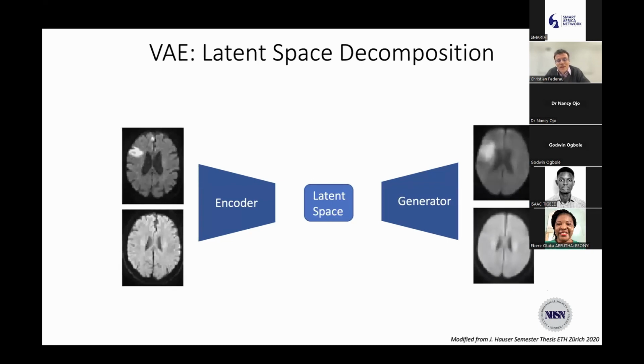There's another funny thing that you can do with this, which is that if you don't just pass normal brains, but you pass brains with stroke too, and you do the same, you might hope that this structure forces the network to learn some concept about this. So maybe it would not be totally impossible that this space learns what a stroke is.